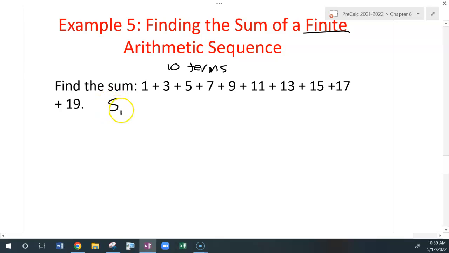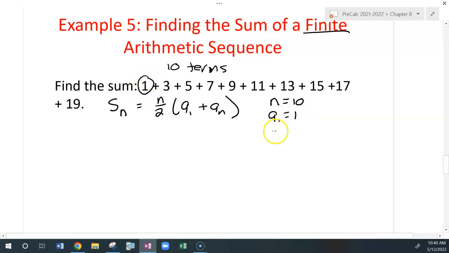And that formula is S sub n equals n over 2 times a1 plus a sub n. So what you do is you take your number of terms. Remember, n is the number of terms, so in this case, n equals 10. You take your first term, a sub 1, in this case is 1.